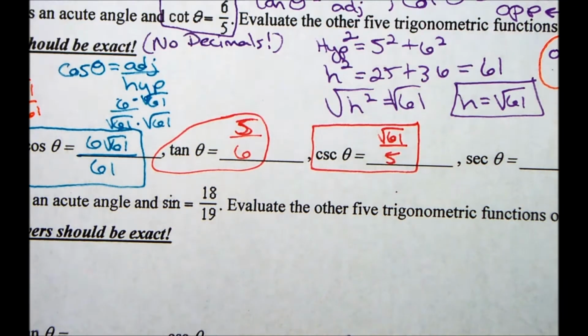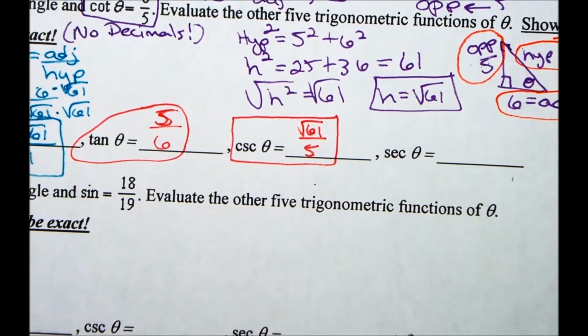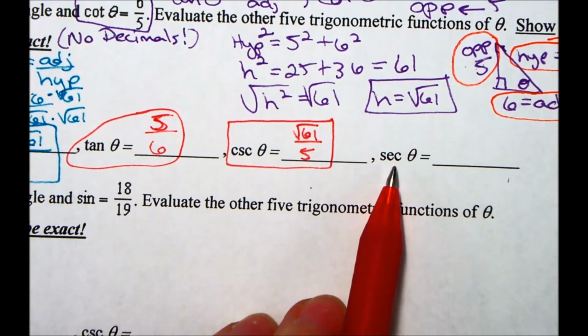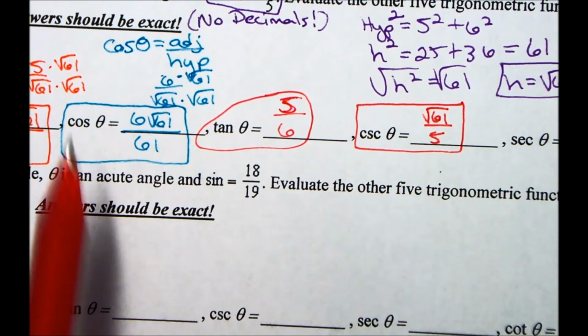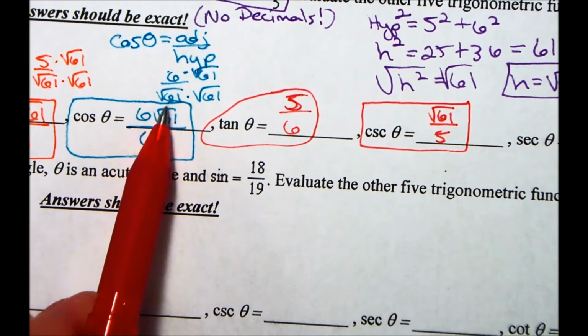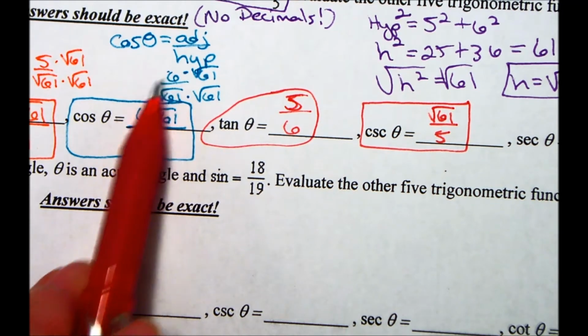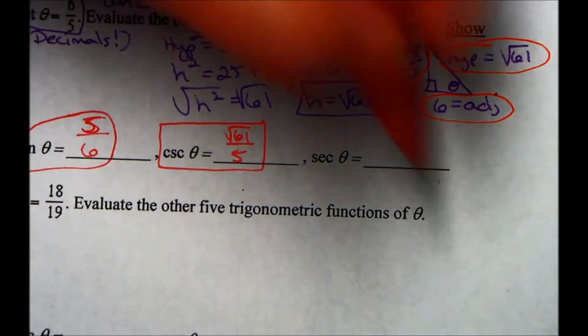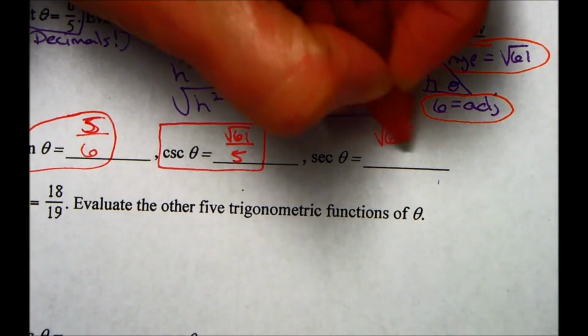So that one isn't so bad. And the same with your secant theta. Secant theta is the reciprocal of cosine. So if your cosine originally was 6 over the square root of 61, when we flip it, we'll get the square root of 61 over 6.